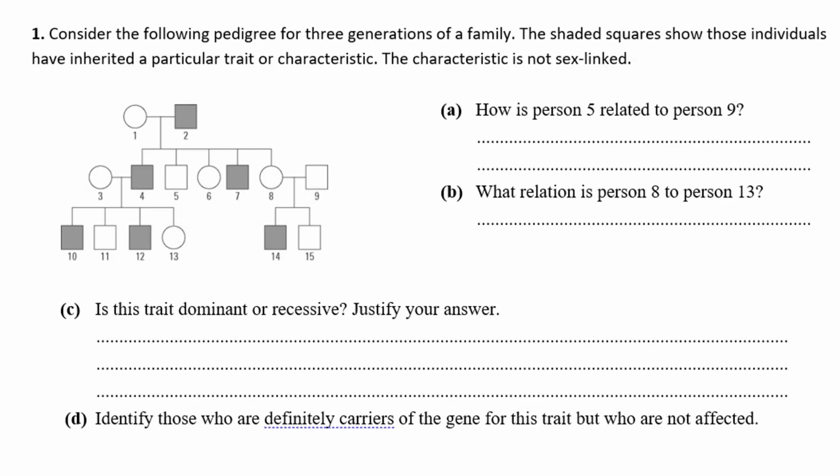The characteristic is not sex-linked. So that's the first thing we know. It's not sex-linked, so it's not linked to the X or Y chromosome, so it's autosomal. How is person 5, let's find person 5, and person 9 related? Well, person 9 is male and has married a sibling, so that would be a brother-in-law.